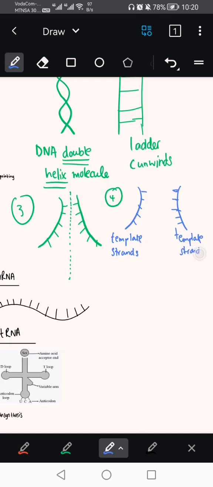The reason I'm doing it in a different color is so that you can remember that these two are complements of each other. Remember, this is happening in the interphase and it's also happening in the nucleus.